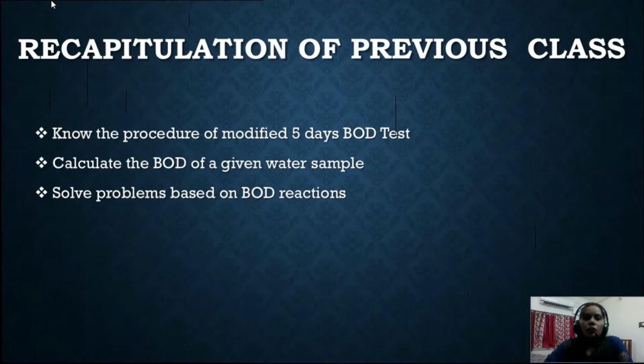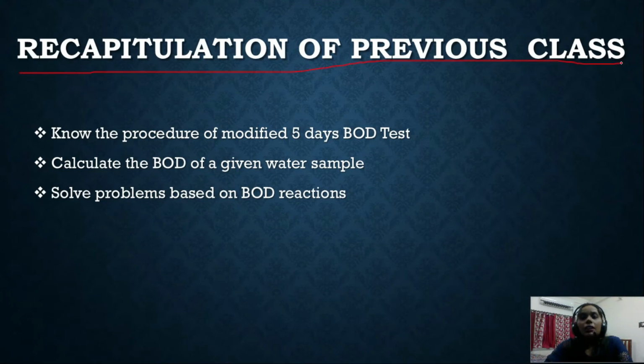Okay, now this is the recapitulation of previous classes, whatever we have discussed so far. In our previous class, we discussed the hydrosphere, the hydrological cycle, and the water quality parameters, which are of two types. One is physical parameters and the second is chemical parameters.